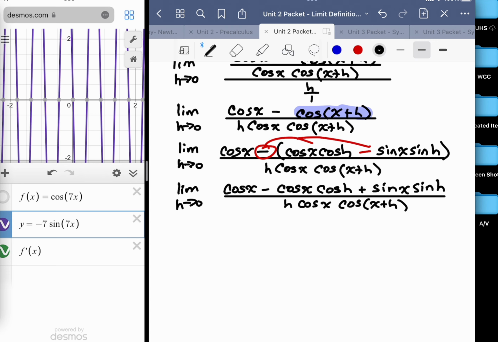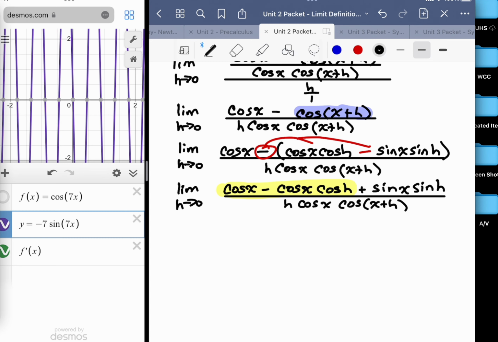All right, it's still not the easiest thing in the world to see in terms of how it's all going to work out, but we do have a common cosine x, and that's something we can latch onto. That's been a common thread. You have the common factor that you can pull out, so we can actually factor that out, but we need to split the fraction first.